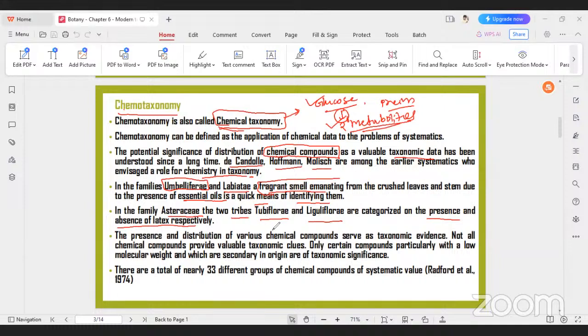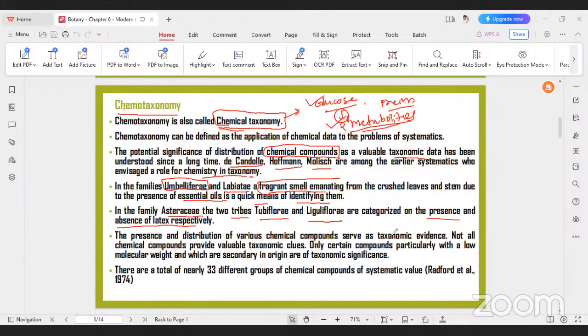And the presence and distribution of various chemical compounds, as I already told you, work as a taxonomic tool, taxonomic evidence. Not all chemical compounds provide valuable taxonomic clues. Of course, in the plant body, there are several chemicals, but they are not used as a taxonomic aid.